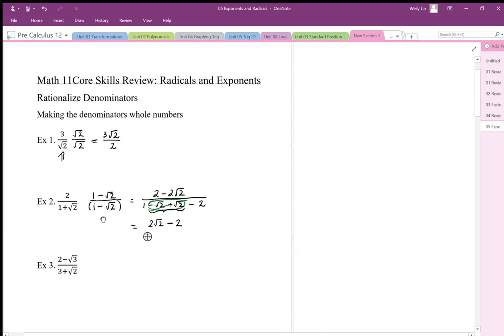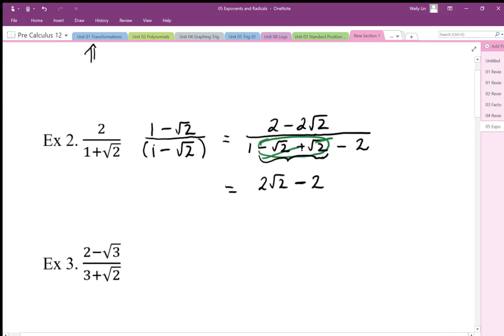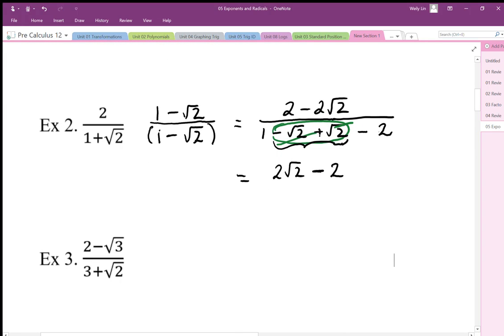So this one here, same thing. We want to get rid of that binomial radical. So we're going to multiply by the conjugate. So the conjugate is 3 minus root 2. Okay, and this is going to be 3 minus root 2 on top.